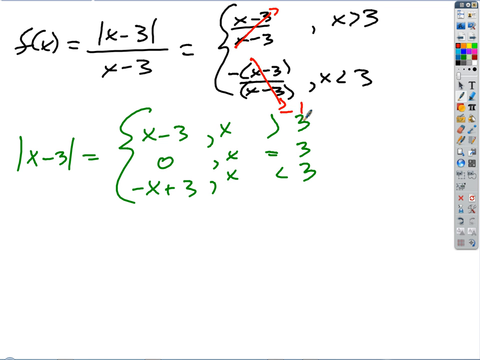Negative 1. Yeah. And then in between, what am I getting in between? Well, when x equals 3, it doesn't matter anyway because the function's not defined there, right? And so x can't equal 3 anyway, right? That's off limits because we can't have a 0 in the bottom.